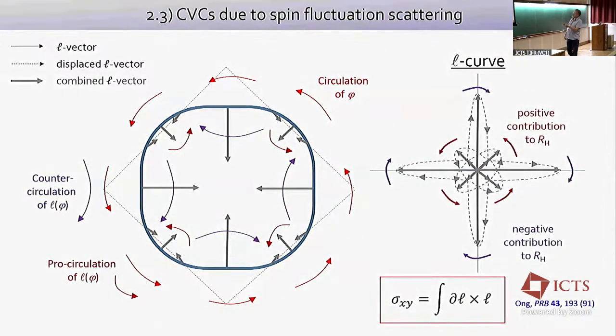And the key point is that, to get a negative contribution to the Hall coefficient, these areas need to be larger than those. So at least qualitatively, we can see how this growth of anisotropic inelastic scattering, linked with these vertex corrections, can give rise to both a magnetoresistance which grows in magnitude and a Hall coefficient which shrinks and eventually becomes negative.